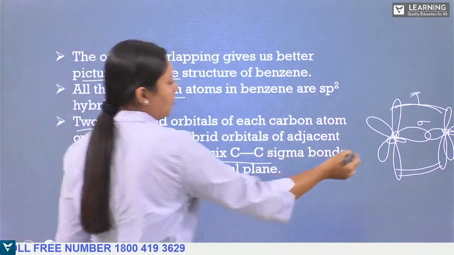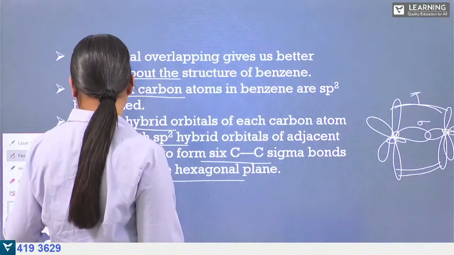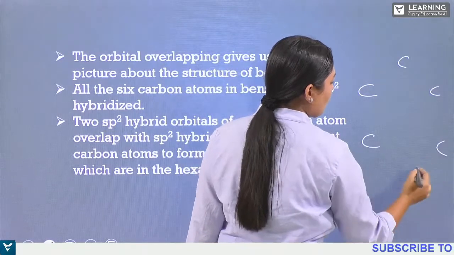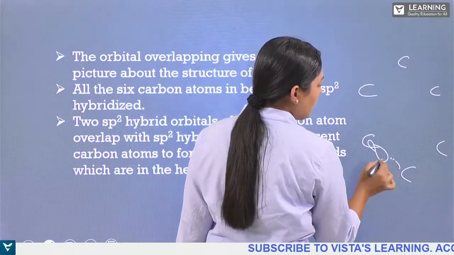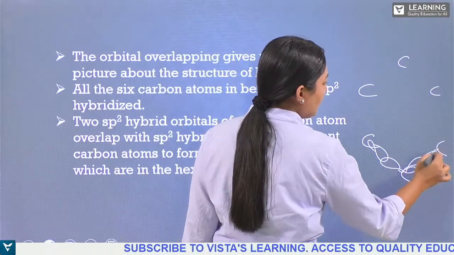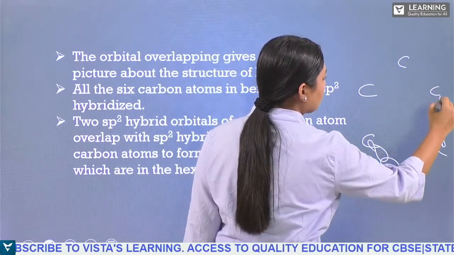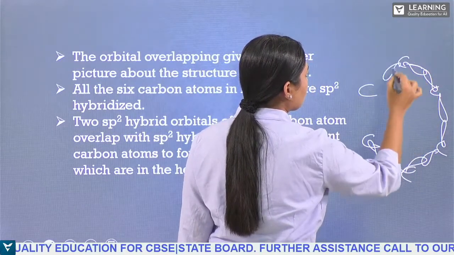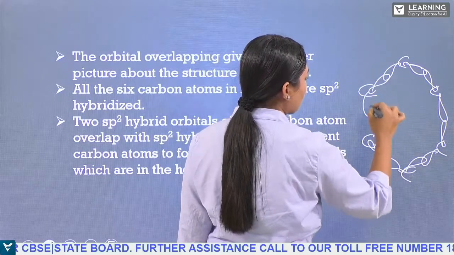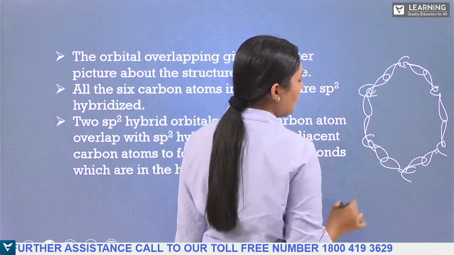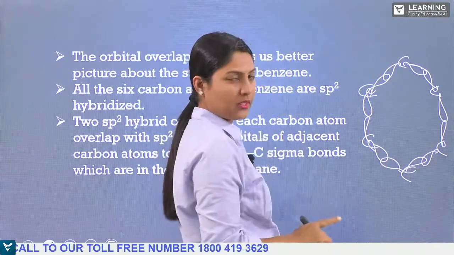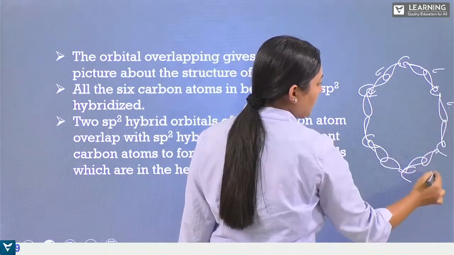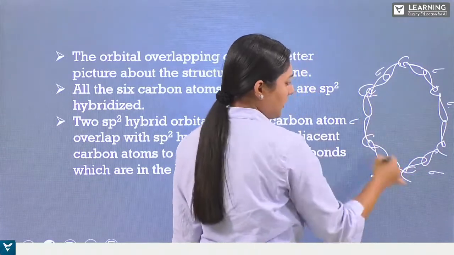So this is one bond that I have shown you. If we see each carbon atom, each will have sp2 hybrid orbitals, so they will be overlapping like this. Each carbon atom will have one sigma bond between each carbon atom, right?